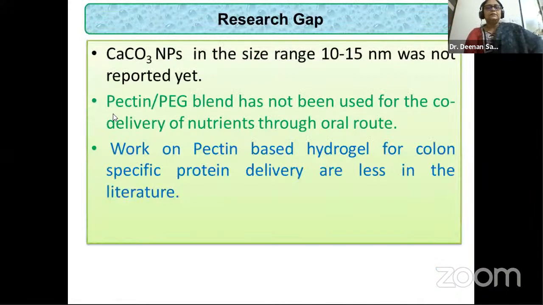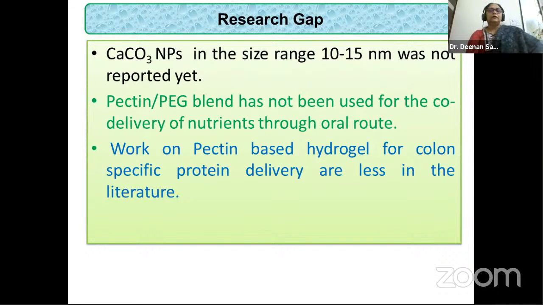Pectin is a natural, plant-derived macromolecule, and PEG is a synthetic polymer, FDA approved. The work on pectin-based hydrogels is limited in the literature, especially in targeted delivery. That's why we are interested here.